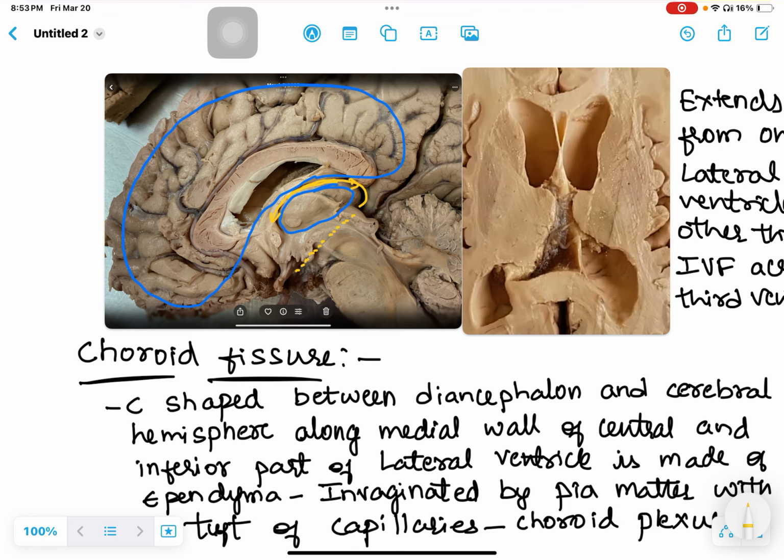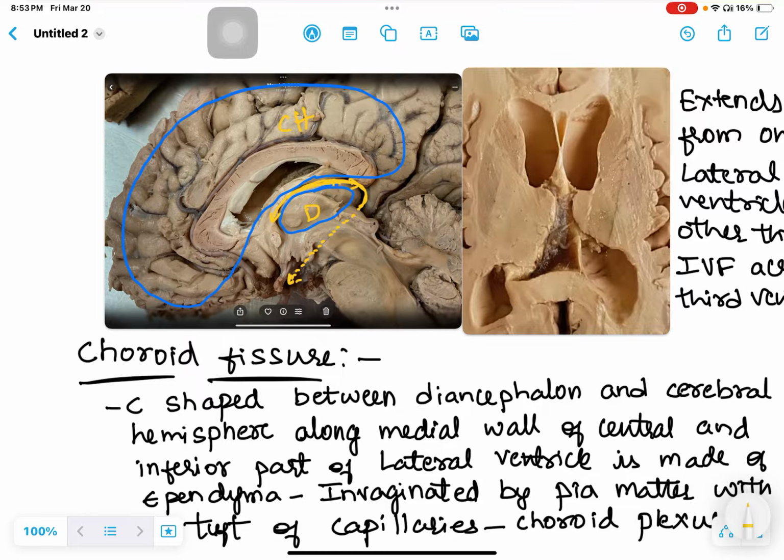This goes into the temporal lobe, which I can't see here, so I am giving a dotted line. This is a C-shaped small fissure which extends between the diencephalon and the cerebral hemisphere, deep to the central horn and the inferior horn of the lateral ventricle.